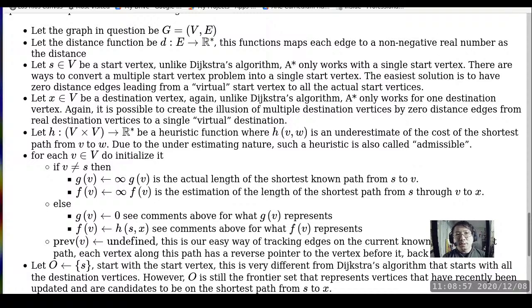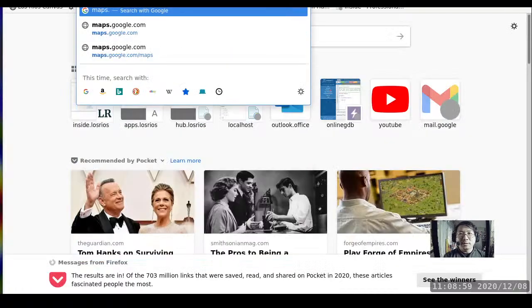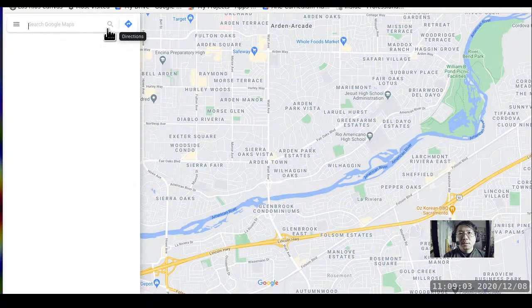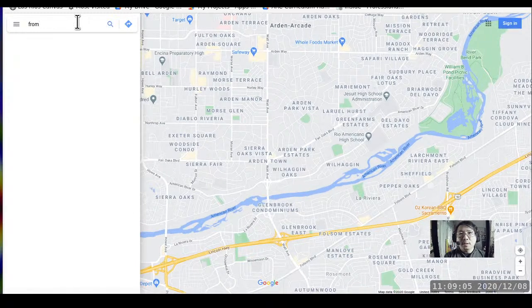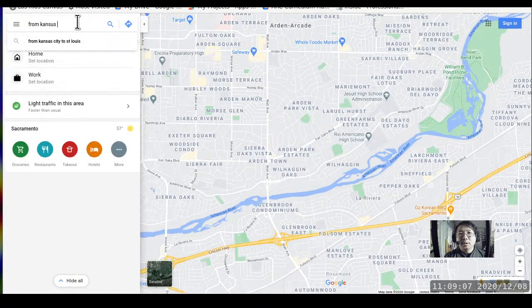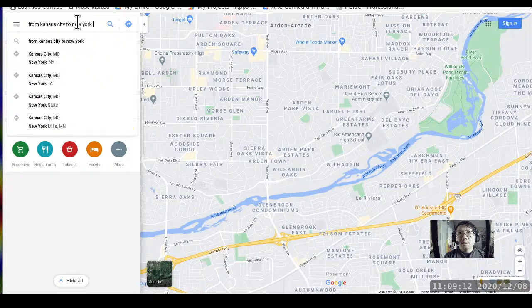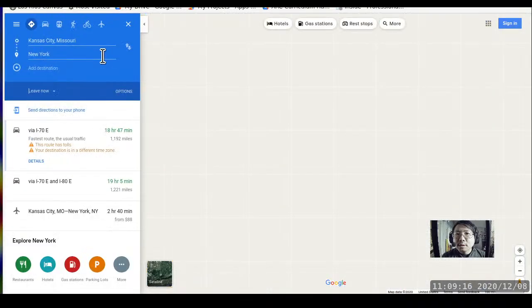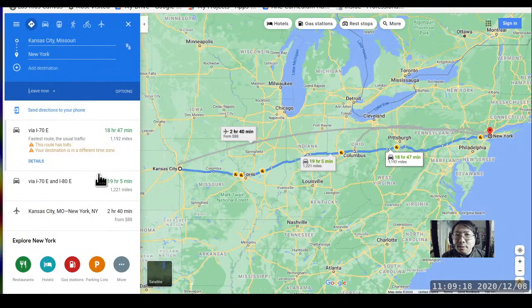Well, we can actually look it up. Sorry, I can't resist doing this. So we just say from Kansas City to New York City. All right, so it shows us the actual length of the route.